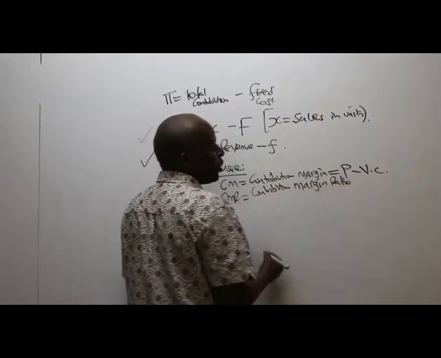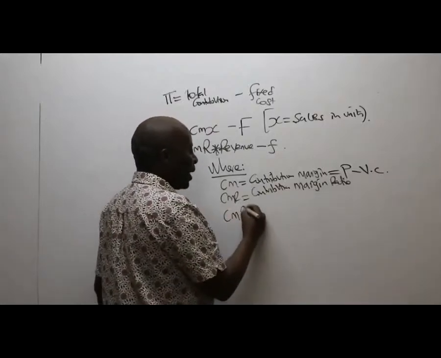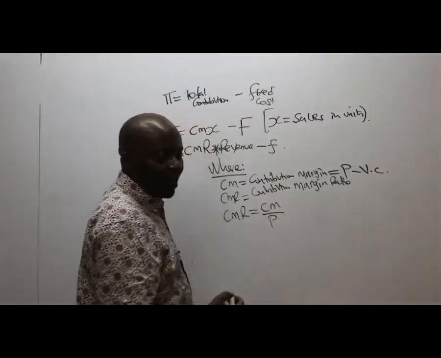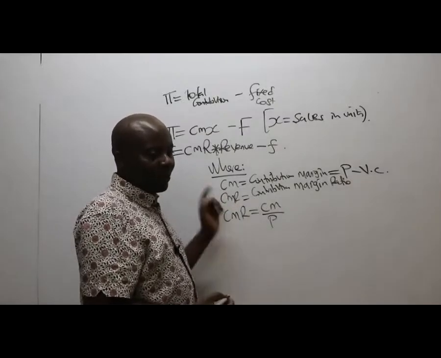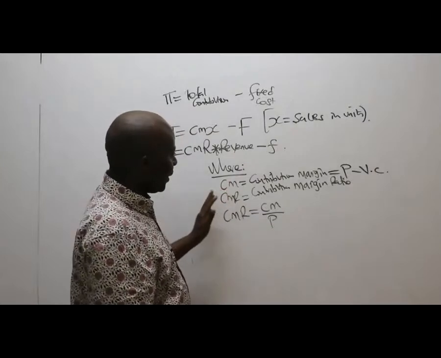To get the contribution margin ratio, we take CM divided by price. Very easy, very important.